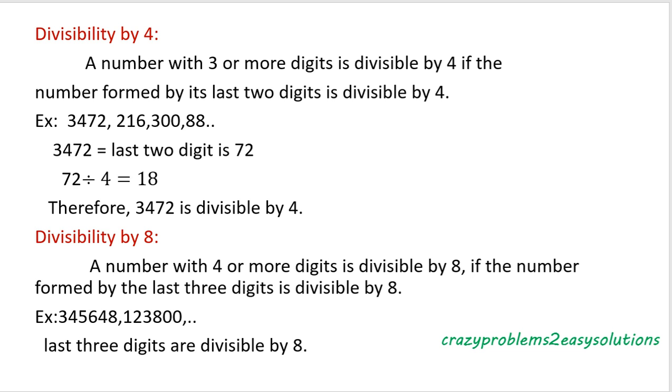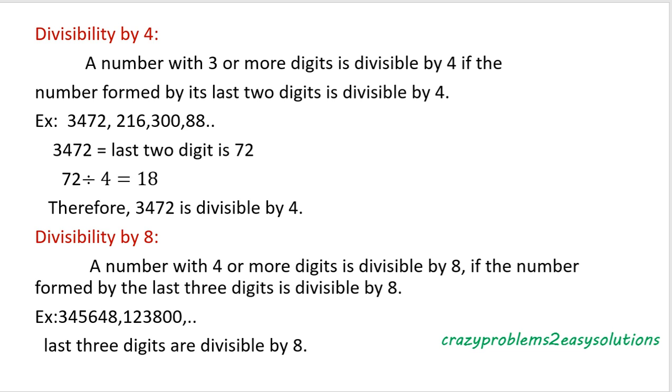Let us consider 3,472. Here you have to check whether 72 is divisible by 4 or not. If it is divisible by 4, the whole number is divisible by 4. If it is not divisible by 4, the whole number is not divisible by 4.